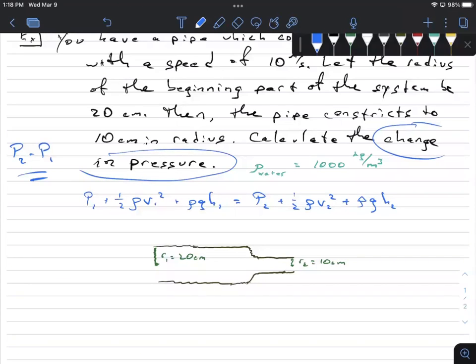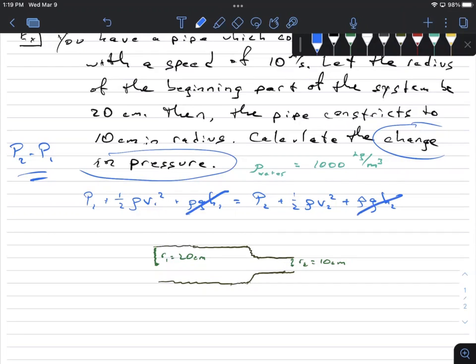Now, what else do I know? Well, my question doesn't tell me anything about changing heights. I'm not told I go to the second floor or I move down a hill or anything like that. So I'm assuming the pipe is just straight. It's not changing heights. And because of that, I can just assume I don't need to worry about the height terms.